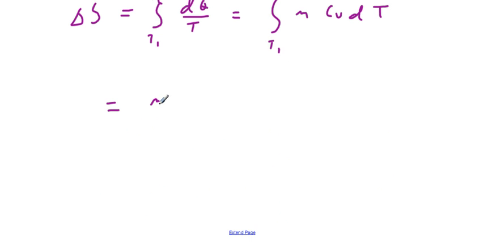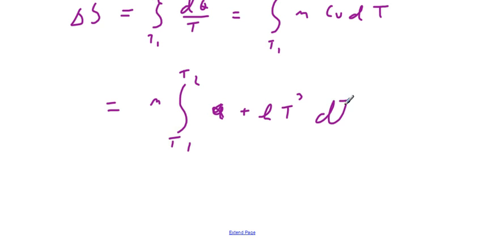Number of moles can go on the outside. Integral T1 to T2, and we have A plus B T cubed dT. All right, that's all right.